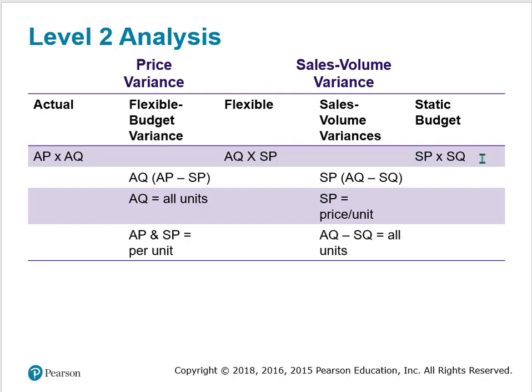Okay, that would be a static budget. So now if we take the difference between actual and flexible, I can take out the common term here, actual quantity, and multiply it times actual price minus standard price. Okay, now actual quantity is going to be a big number. These are all of our units.